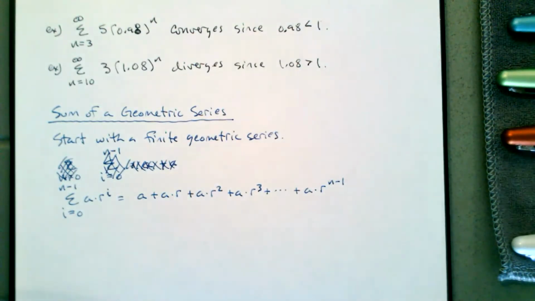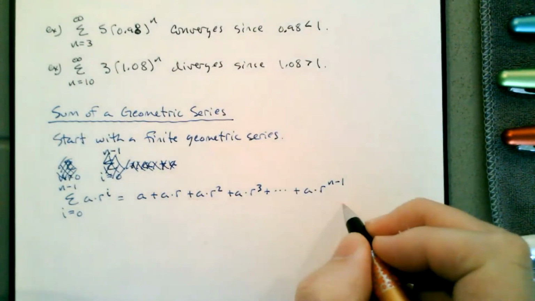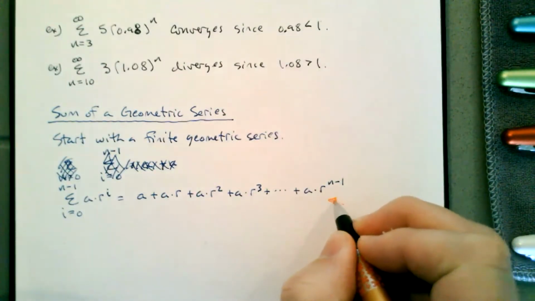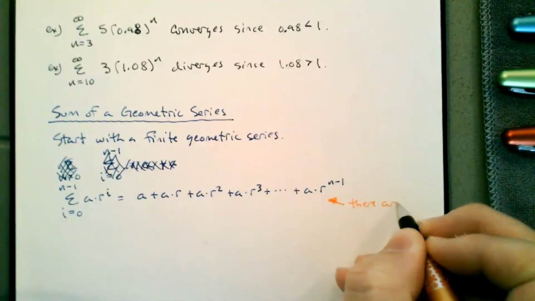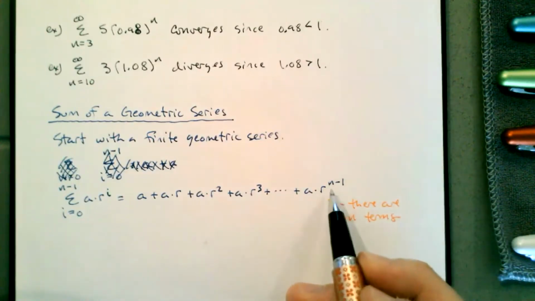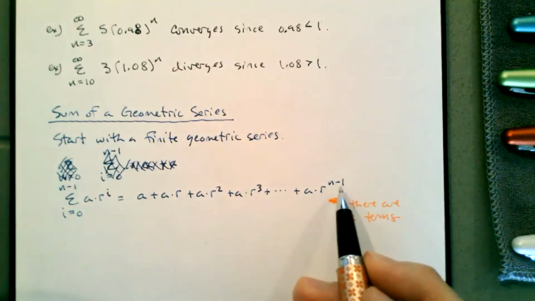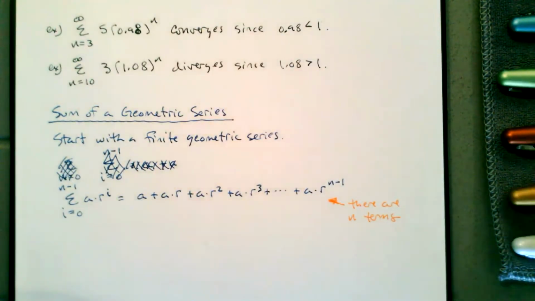Yeah. So the important thing to look at here is that there are n terms. Even though the last exponent is n minus 1, we started the counting at 0. So there are n terms. This is a normal thing. I'm not being weird here. We all do this kind of thing.